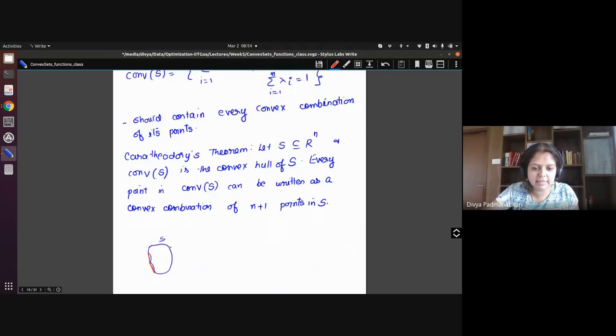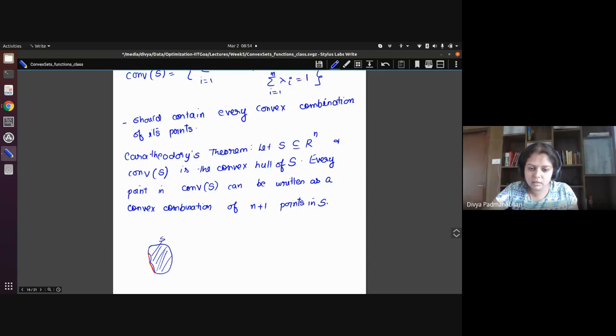something like this. If the set S is this, then the convex hull is basically obtained by filling in these parts, the red part. So what I mean is that the set originally that I looked at was this whole thing, in the interior as well as the boundaries.